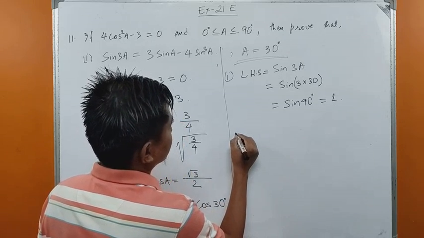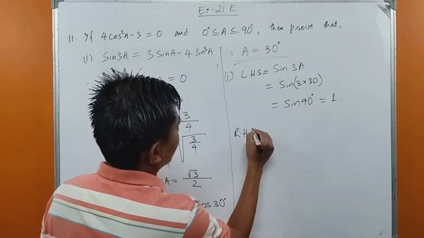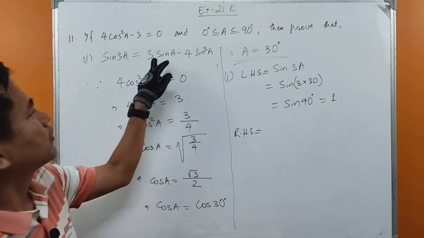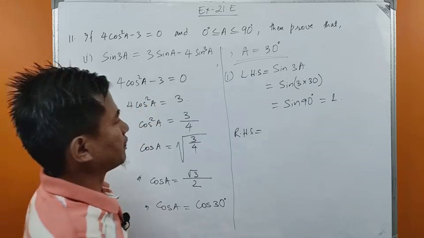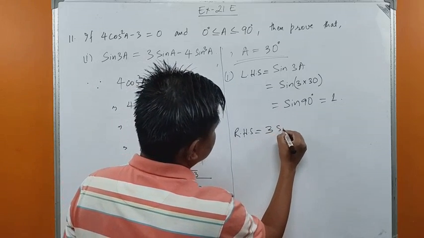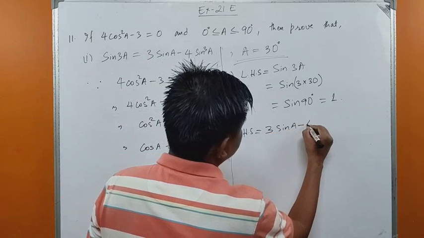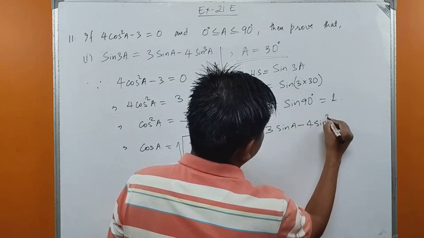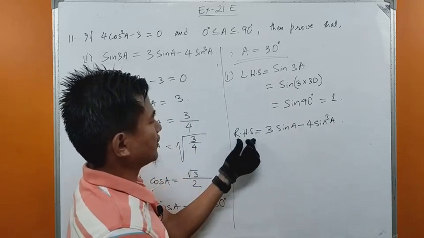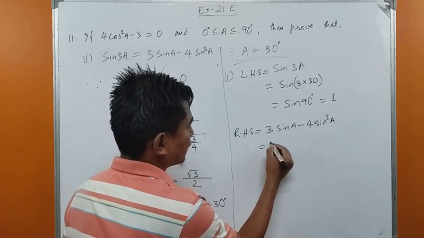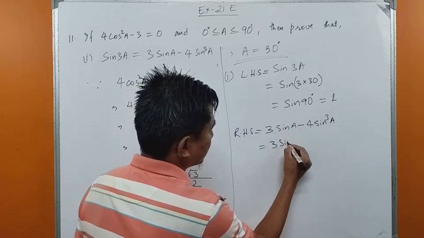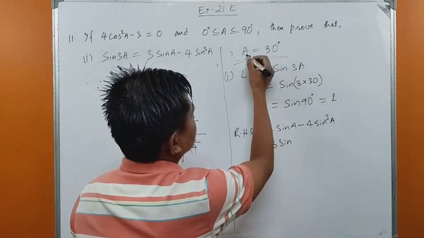Number 2, right hand side, RHS. RHS we have 3 sin A minus 4 sin cube A. This is the right hand side. So 3 sin A, A means 30 degree.